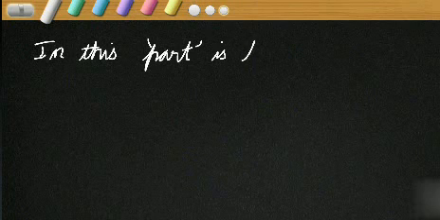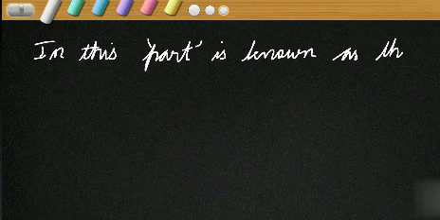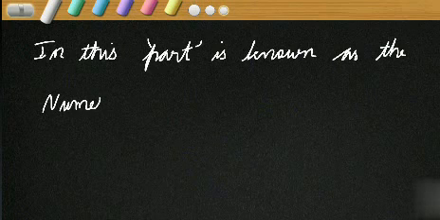In this, part is known as the numerator. Underline the word numerator.